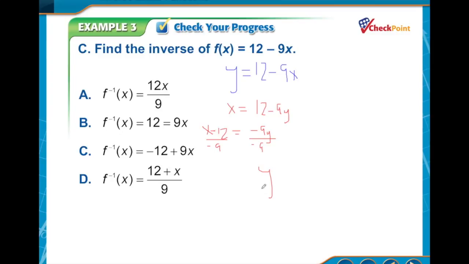So I should get a y over here, and it's equal to negative x over 9 plus 12/9. If we left this the same and didn't split our whole fraction, we would have negative x plus 12 over 9.